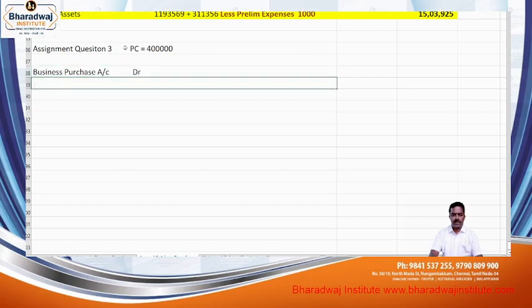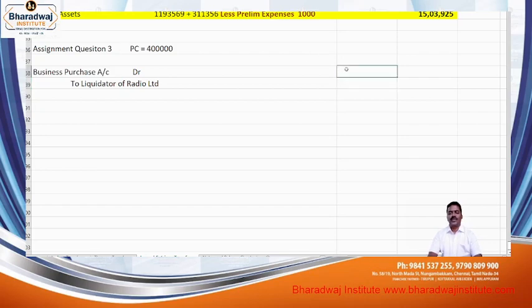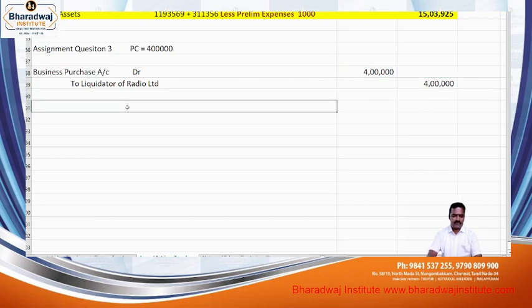Business purchase account debit, to which account? Liquidator. 4 lakhs. What are the assets to be taken over? Goodwill should not be taken. Goodwill should be the balancing figure.